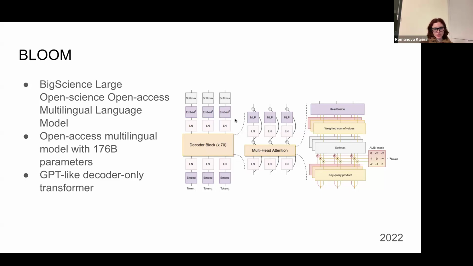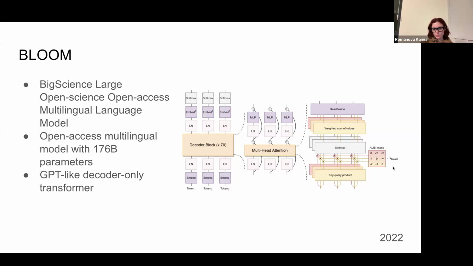So Bloom is a powerful multilingual LLM with 176 billion parameters, developed as a part of the Big Science project to promote open research, supporting 46 natural languages and 13 programming languages. Bloom is designed for both linguistic diversity and technical use cases.